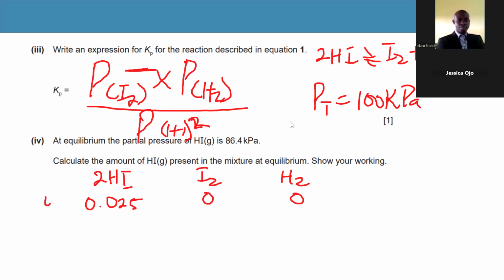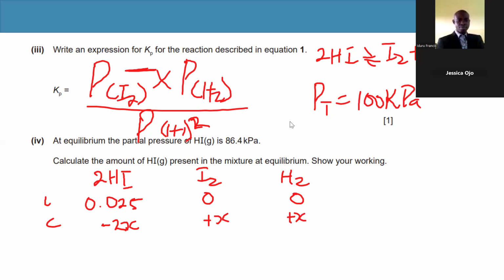Now for HI you put minus 2x as the change in concentration. Then for I2 you put plus x. Then for H2 you put plus x as well.